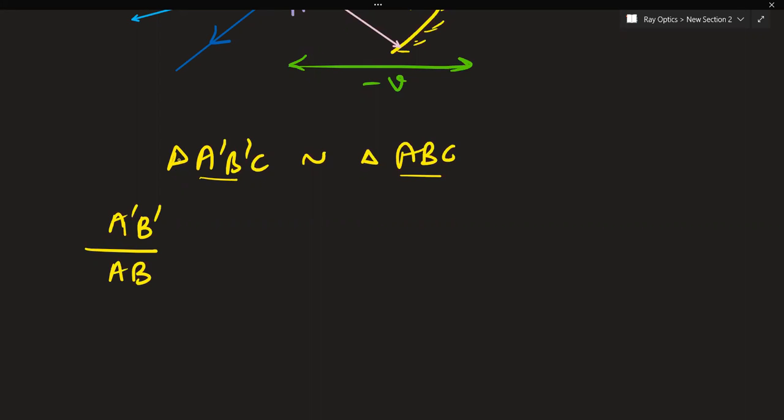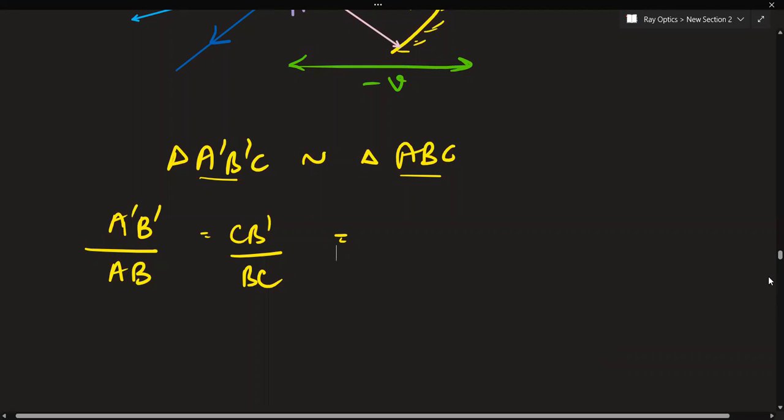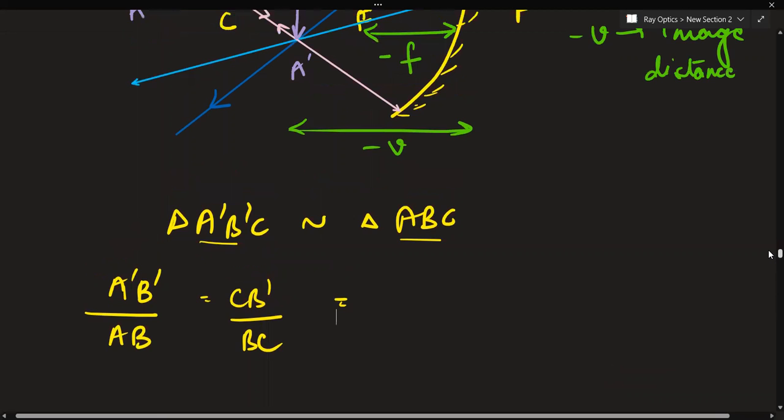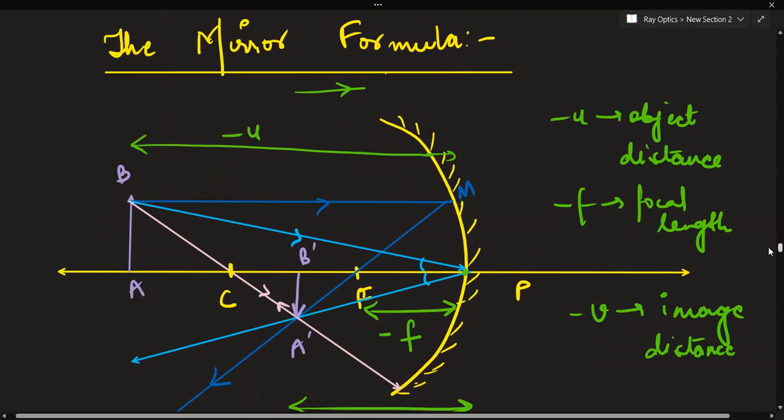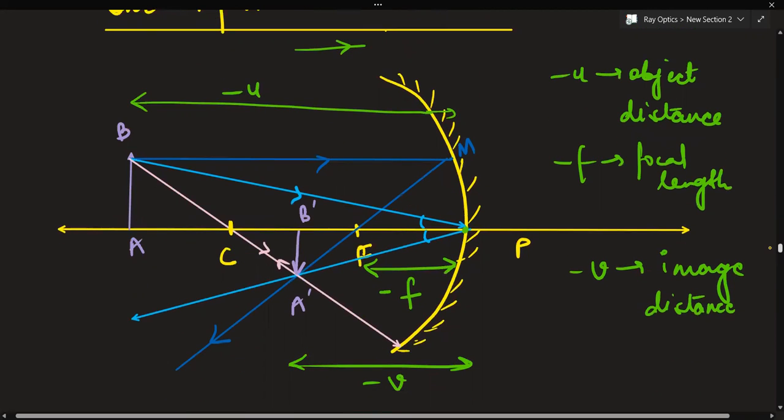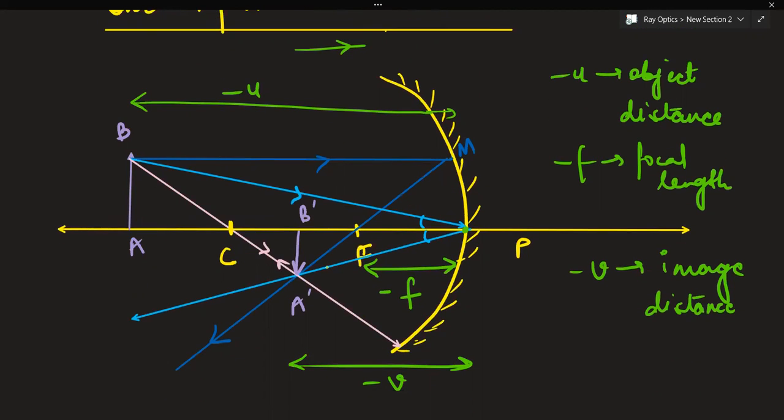So this side will be in proportion to which side? These two sides: CB dash by BC, and B dash C by BC. Now we have to name these sides, CB dash and BC. This is your CB dash.